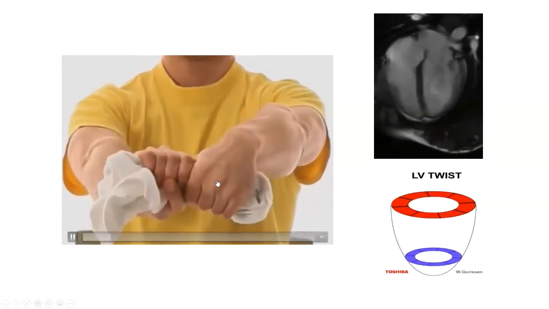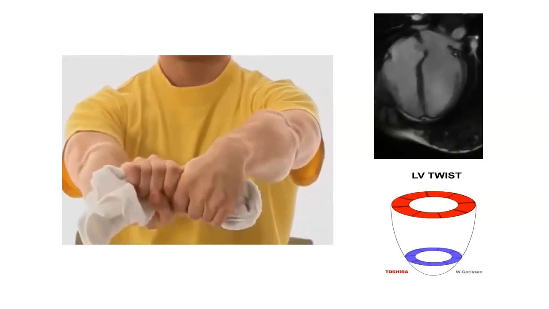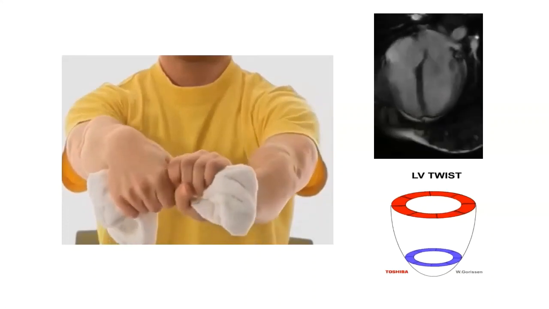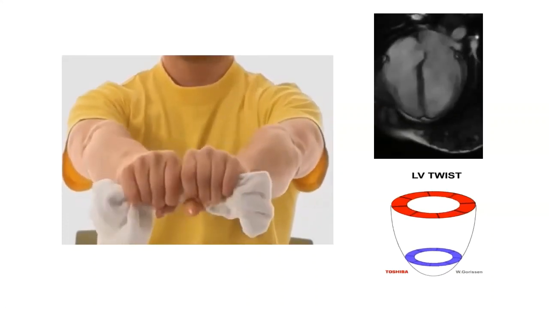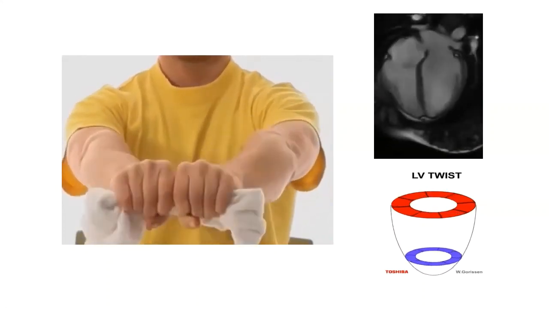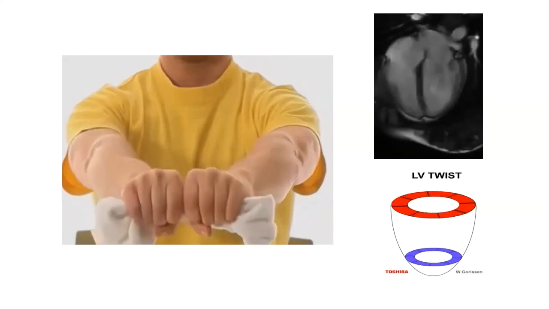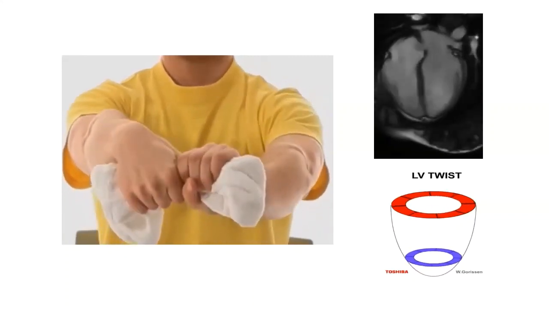The ventricle twists in systole, just like you wring a towel out, and then it untwists in diastole. The twisting motion stores energy, and the untwisting releases that energy. The twisting generates the stroke volume.